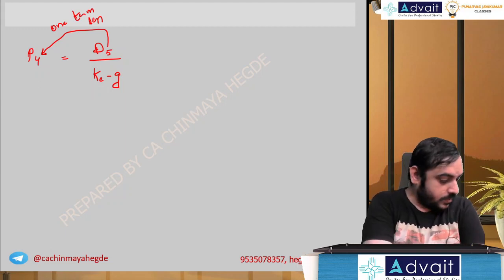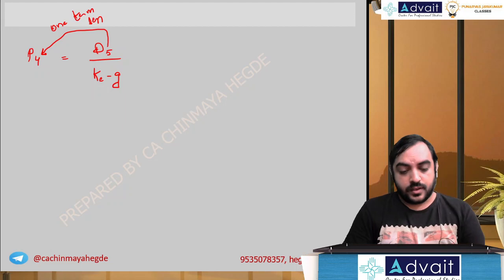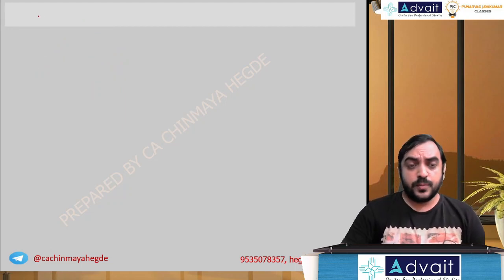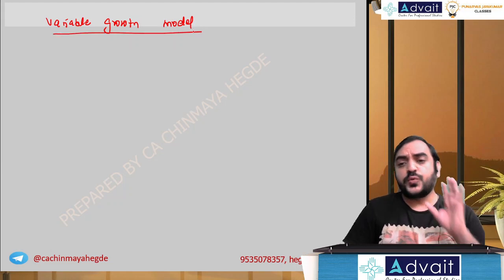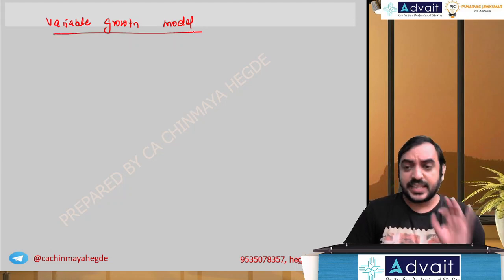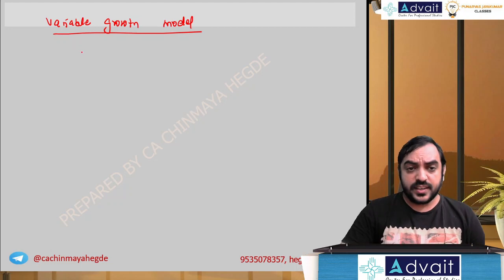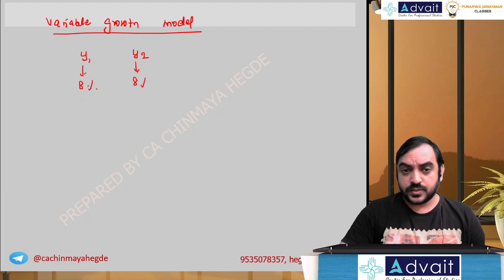Okay. Let me come now to the variable growth model. Okay, what is the variable growth model? Example, let's say year 1, the dividend will grow at 8%. Year 2, dividend will grow at 8%.